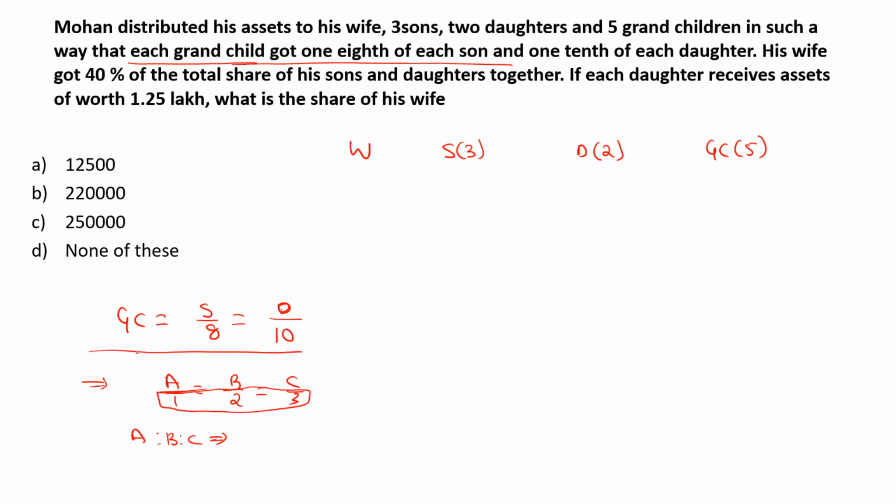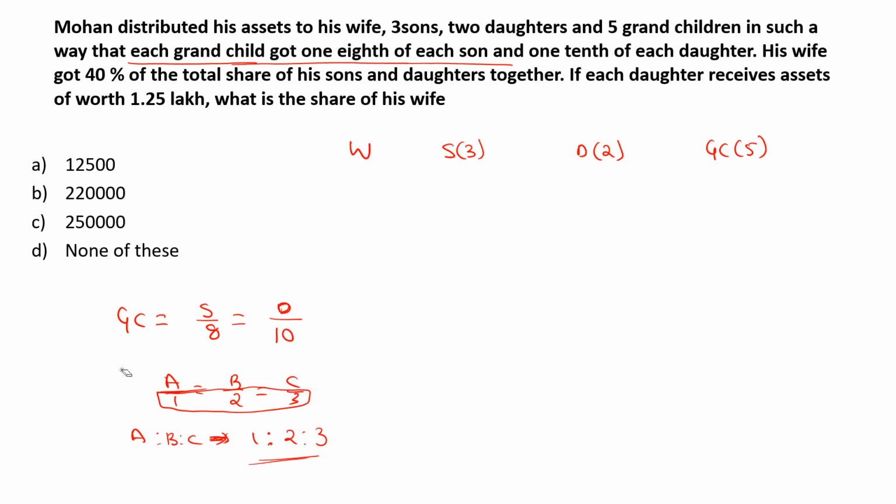I hope you all know this concept, as I have discussed all the basic concepts and properties of ratio and proportion in my previous videos, and this is one of those. That is 1 is to 2 is to 3.